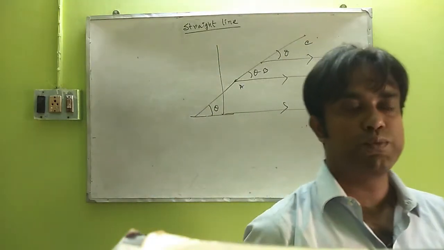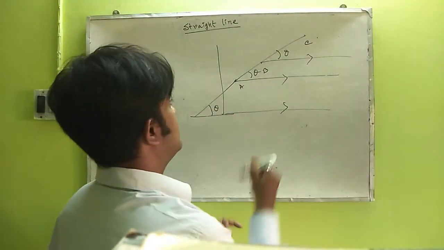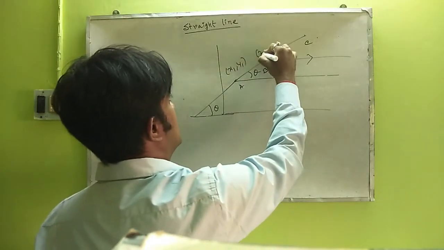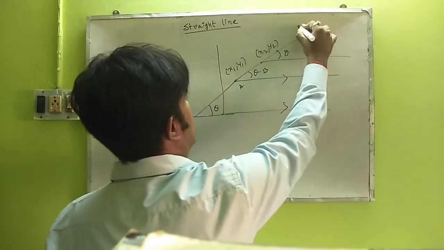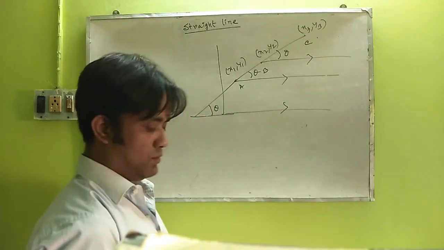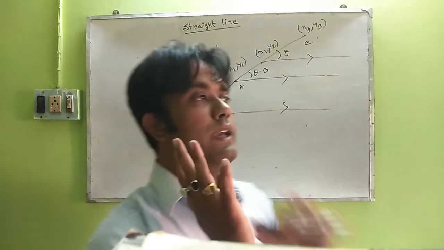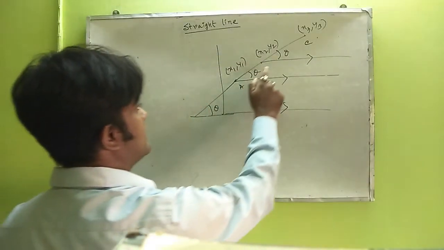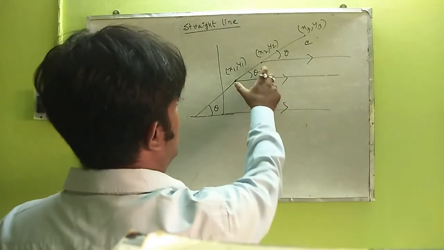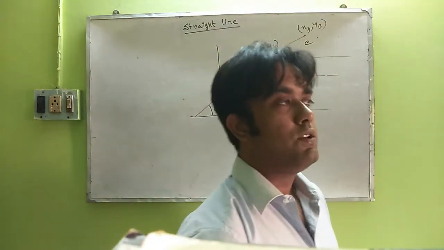So to prove 3 points are collinear, like A, B, C, these 3 points x1, y1, x2, y2 and x3, y3, we can use the angle of inclination. This theta is the same, so the slope of AB and slope of BC must be equal.